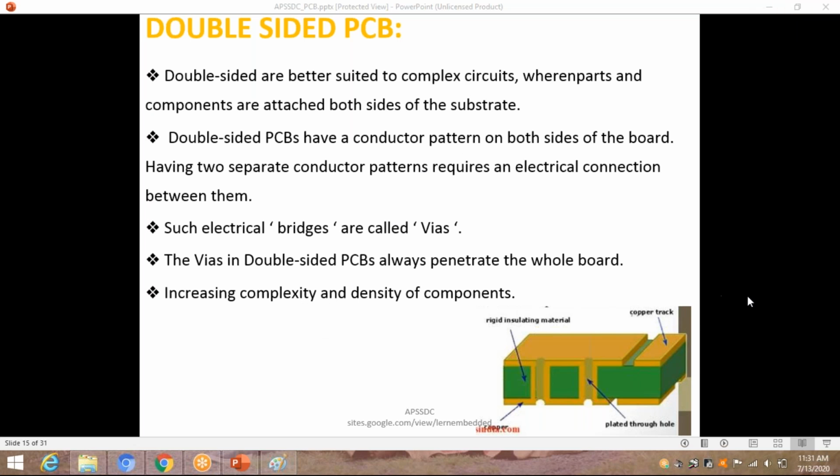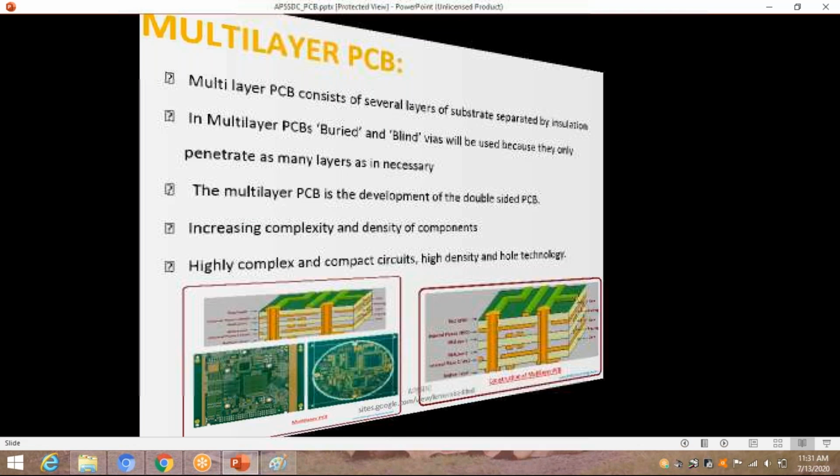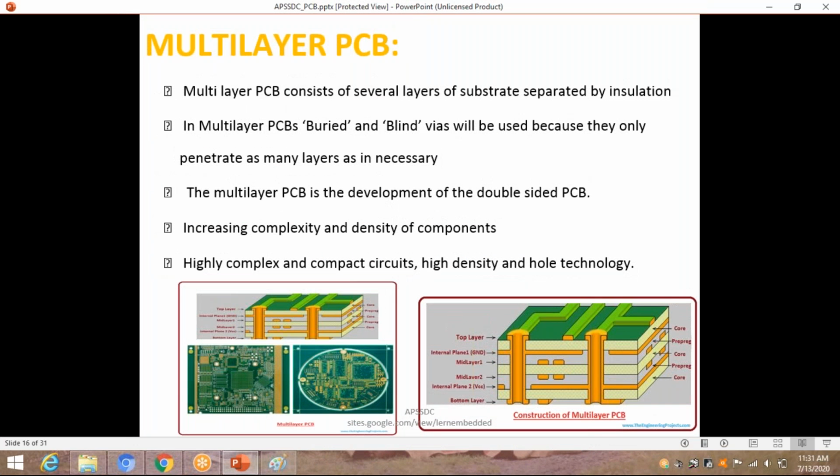Is this slide clear for all of you? Yes, sir. Here it is about wires and so on. Multi-layer PCBs. These are all points we have already discussed.